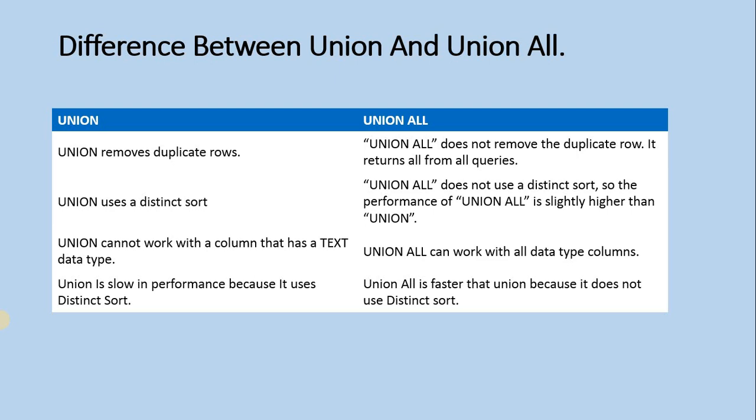It shows all the records that came from the two or more queries or tables. So let's begin with the code and see how we can use these two commands, UNION and UNION ALL, in our SQL queries.